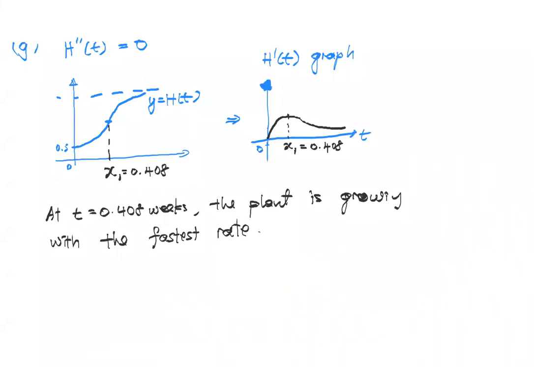Okay, so I want to find the rate at this time. So can I have the coordinates of this one? Fastest rate of 1.37 meter per week.